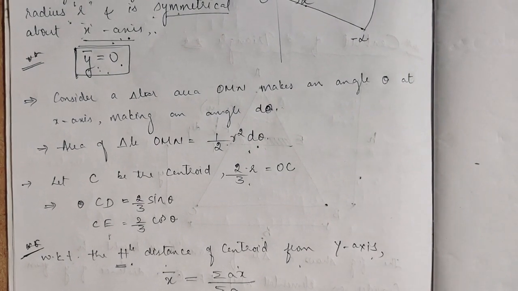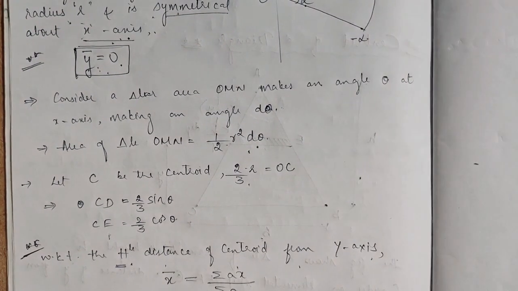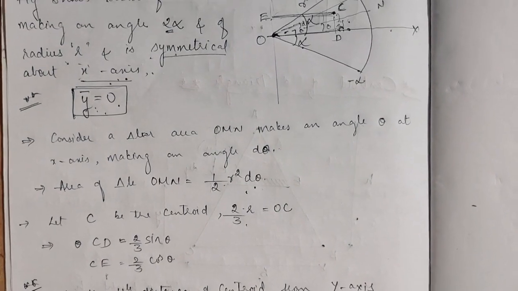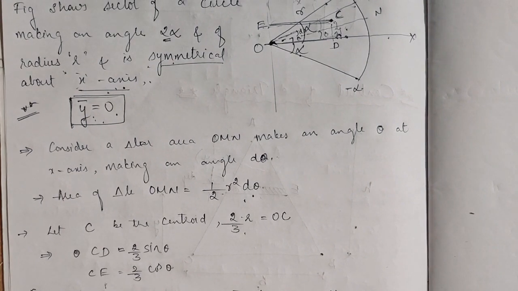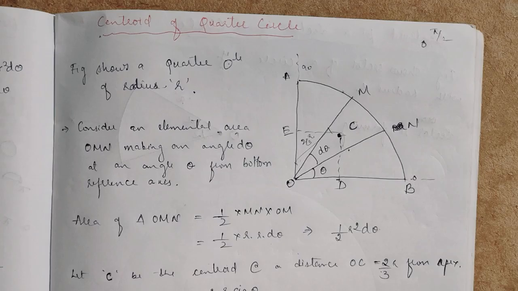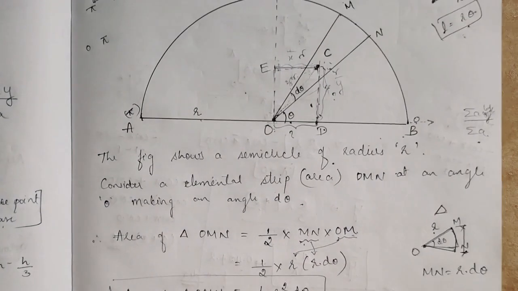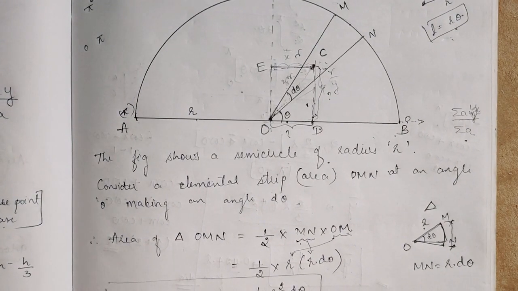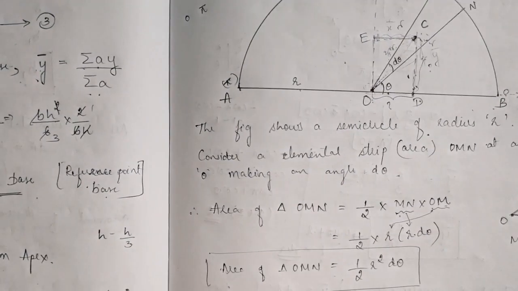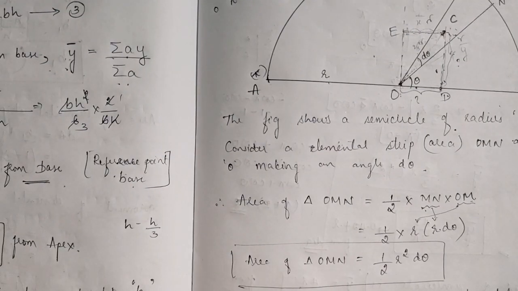By this method, we can find the various centroidal distances of the centroid for sector, quarter circle, and also for semicircle. Now what we will do is just remember the formulas.